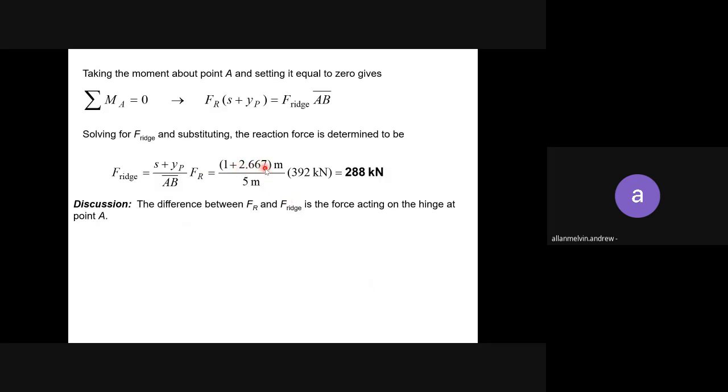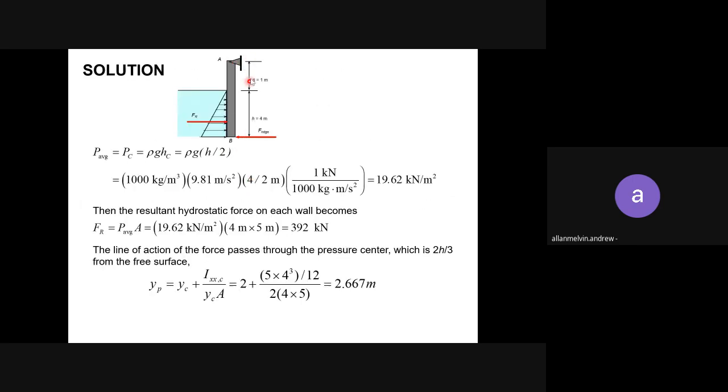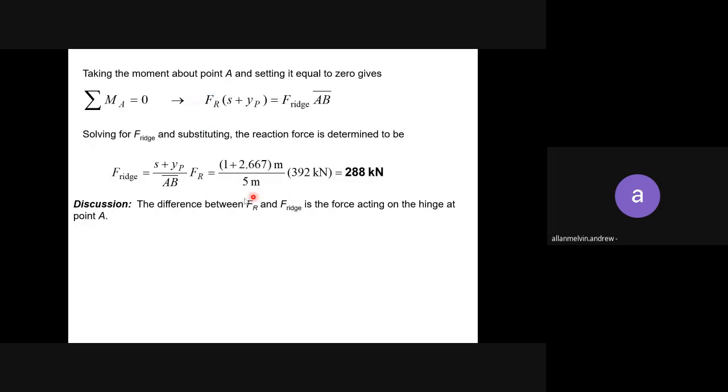So 1 plus 2.667, divided by the length AB. A to B is 1 plus 4, which is 5 meter, times FR, earlier 392 kilonewton. So you solve this, you get the force at the reach is 288 kilonewton.